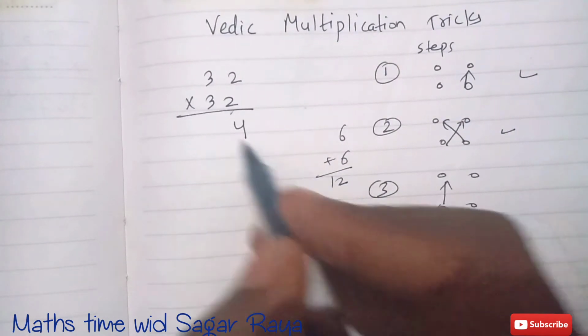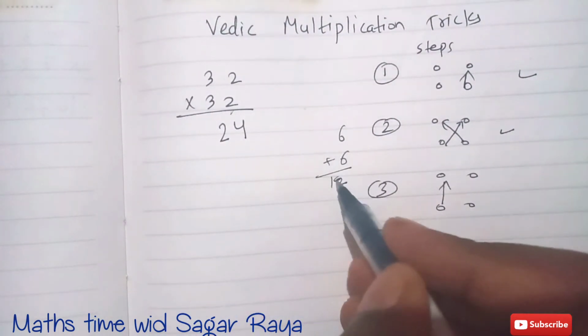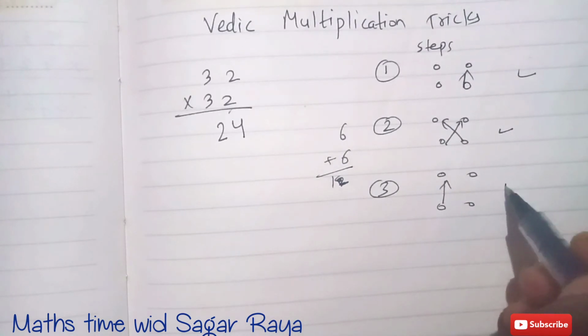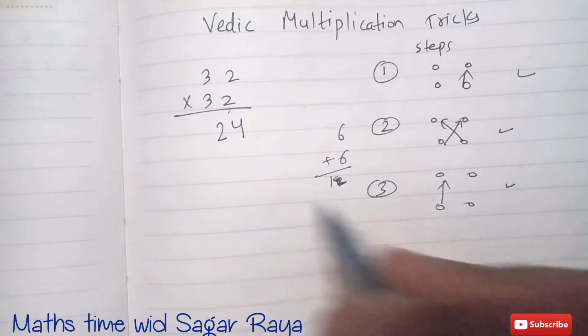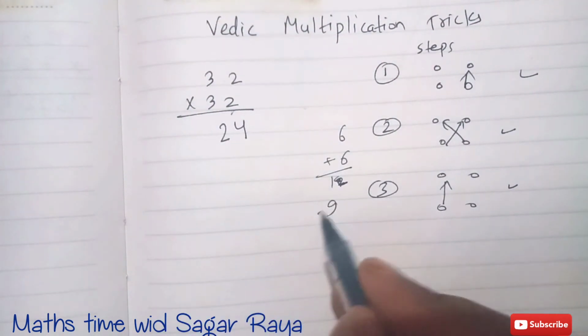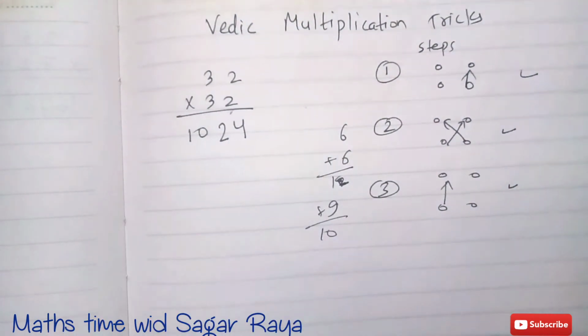If there comes 12, just write down 2 and carry 1 to the next step. Now in the third step we will multiply the left hand side digits. 3 3s are 9, plus 1 becomes 10.